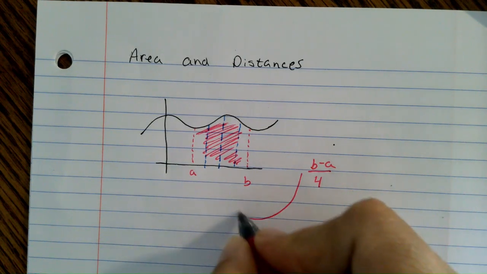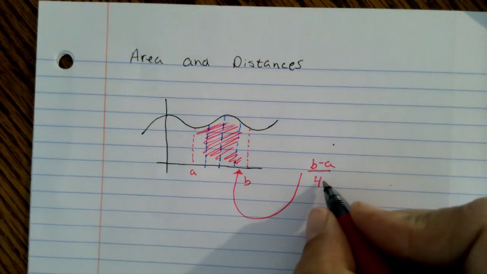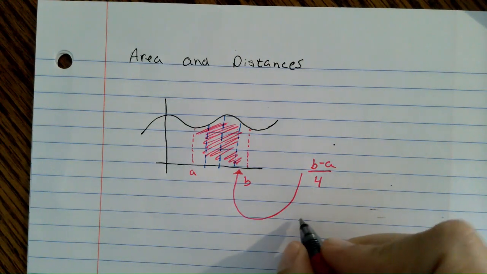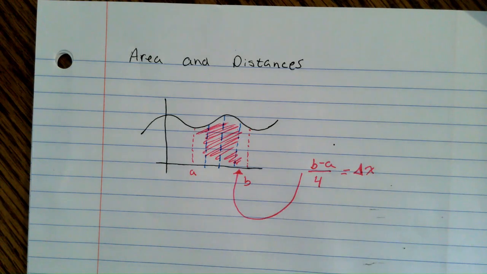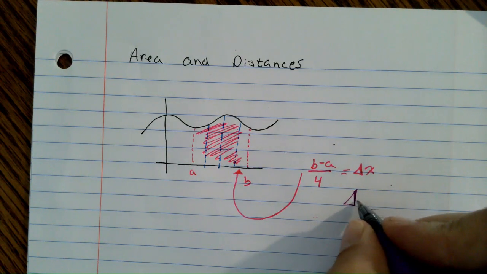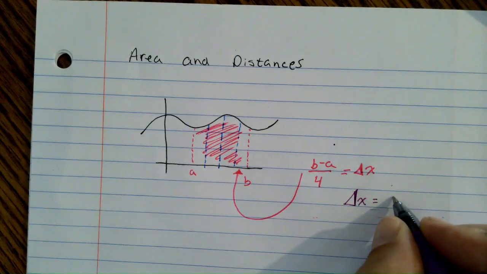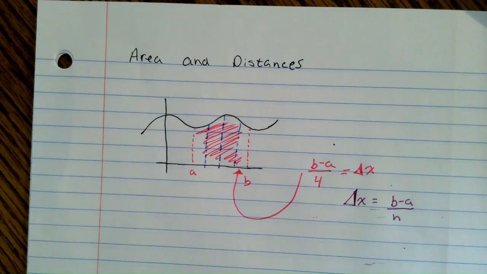And that's how wide each of these are, because I divided by 4 since there were 4 rectangles. Technically we call that our change in x, right? Our delta x. So keep in mind that delta x is going to equal your B minus your A divided by however many rectangles you make. Okay, you might make more rectangles.